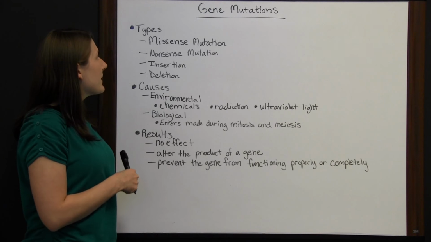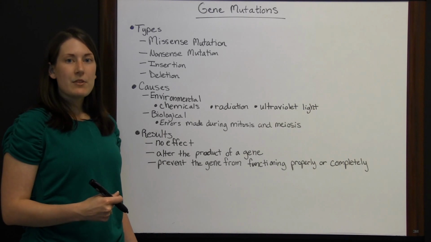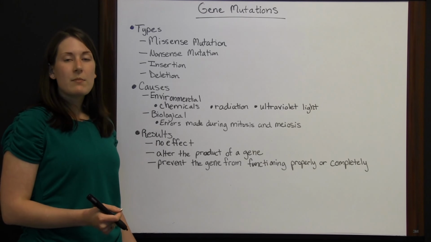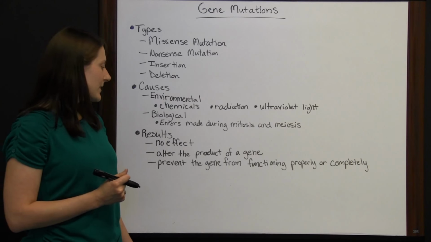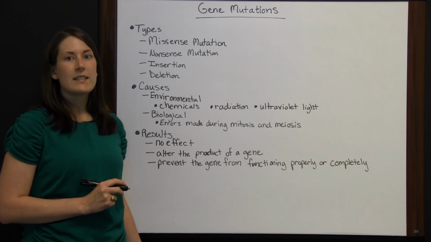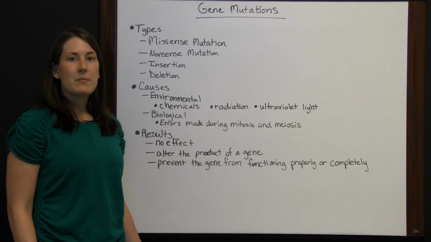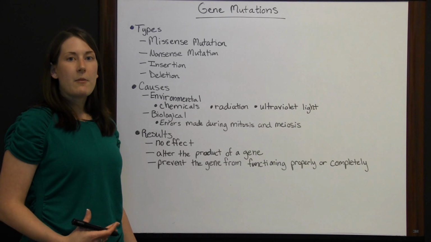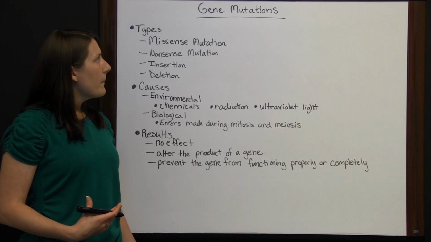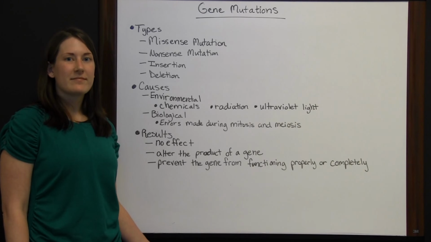So gene mutations can be caused lots of different ways, and there are lots of different types of mutations, and while most of them have little benefit or harm to us, there are some that can harm or benefit us. But genetic mutation is something that's necessary because it's what keeps people and other organisms evolving and becoming more and more advanced organisms.